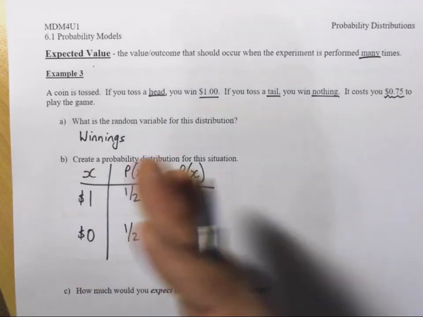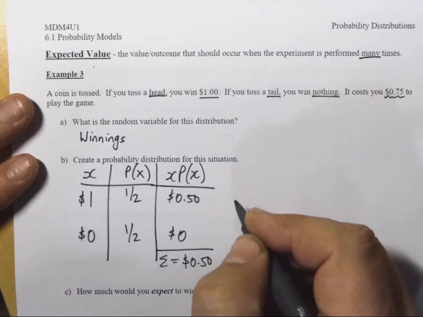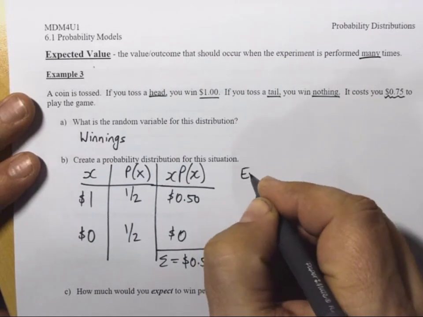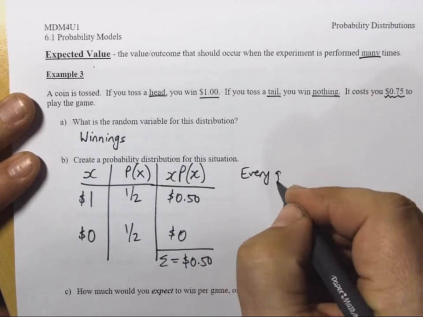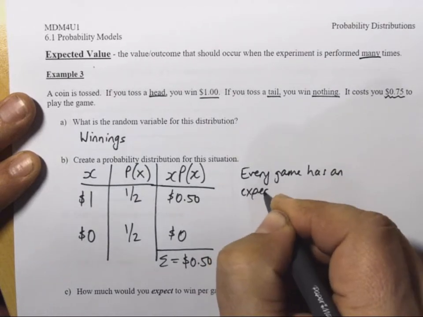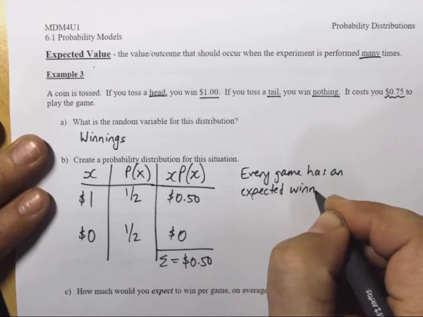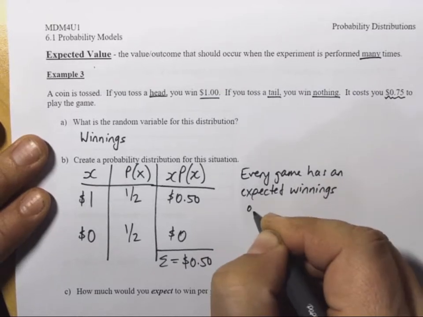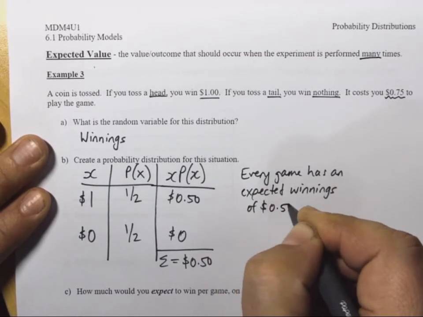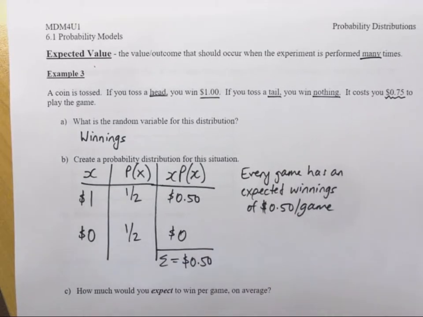So if you think about it, on average, over all of those games that we play, every single game has an expected winnings of 50 cents per game. That's the expected value we should hopefully get or win per game.